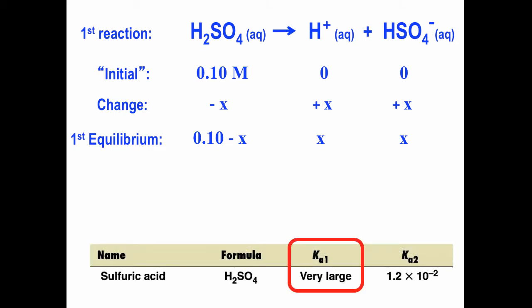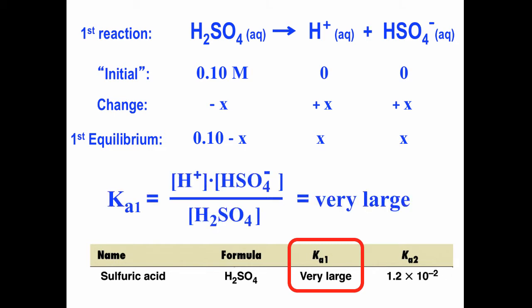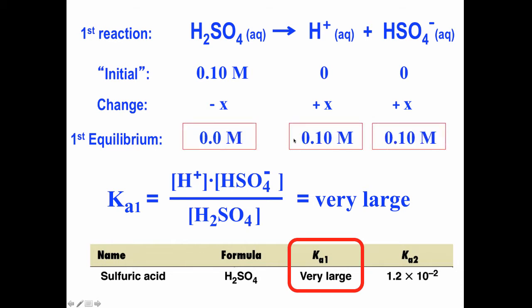But since the first dissociation is strong, since Ka is a very large number for the first dissociation, essentially what that means is that the reason this ratio is very large is because we fully form H+ and HSO4- and essentially no H2SO4 left, so we get 0.1 molar H+, 0.1 molar HSO4-, and 0 H2SO4.